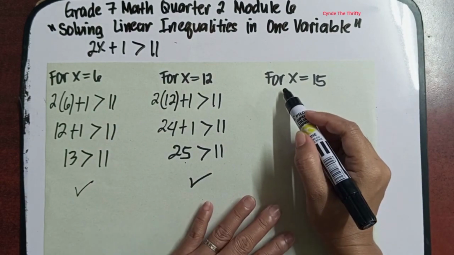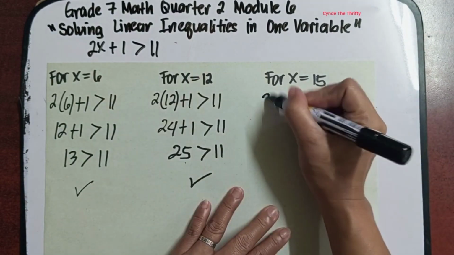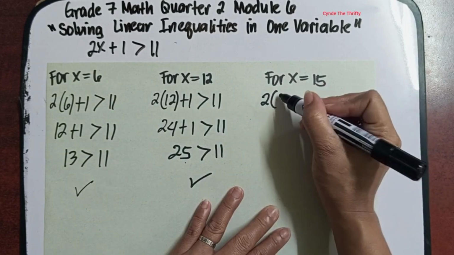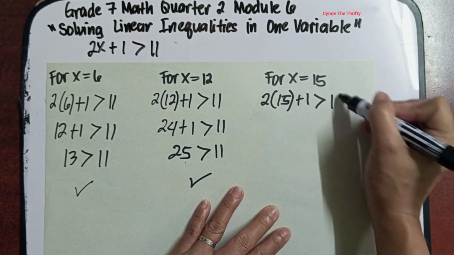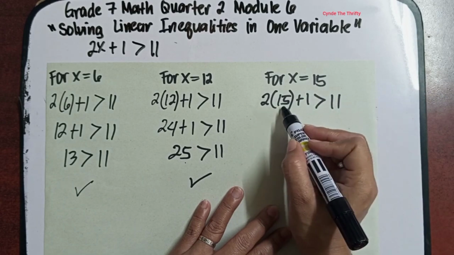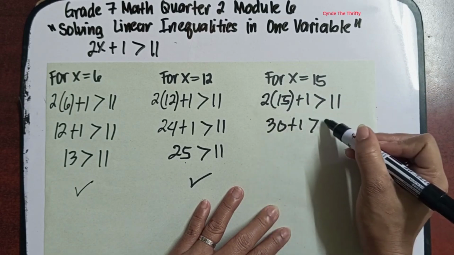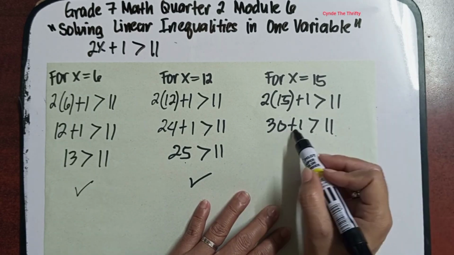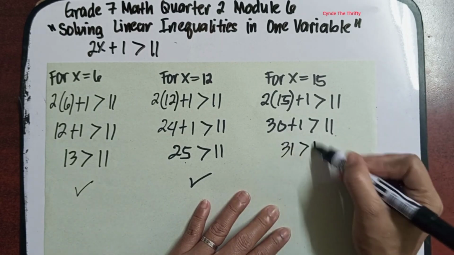Another naman. So, kapag si x naman is positive 15. Okay, so 2 times the value of x na positive 15 plus 1 is greater than 11. So, 2 times 15 is equal to 30 plus 1 is greater than 11. So, 30 plus 1 is equal to 31 is greater than 11.